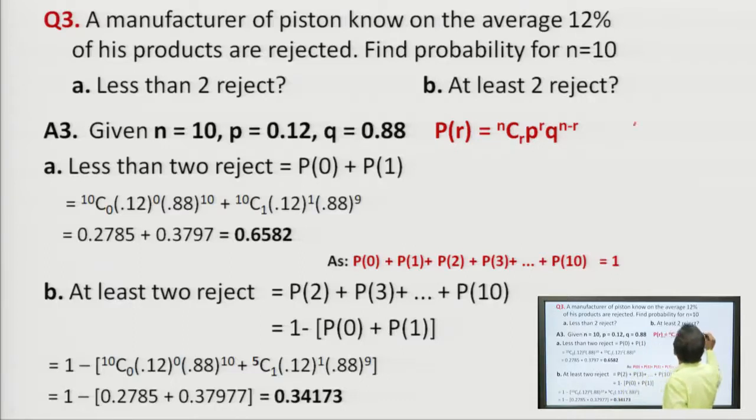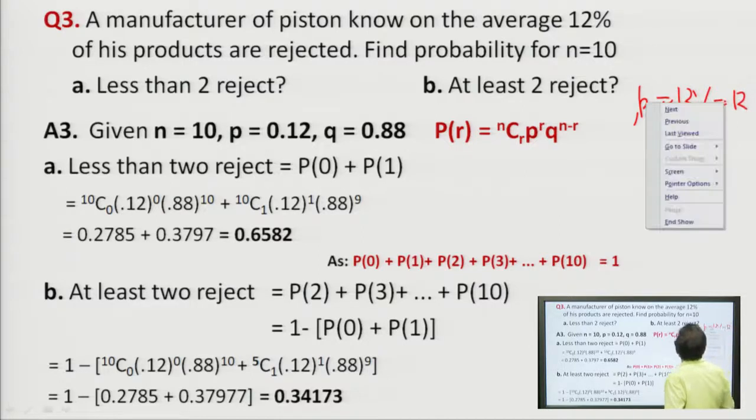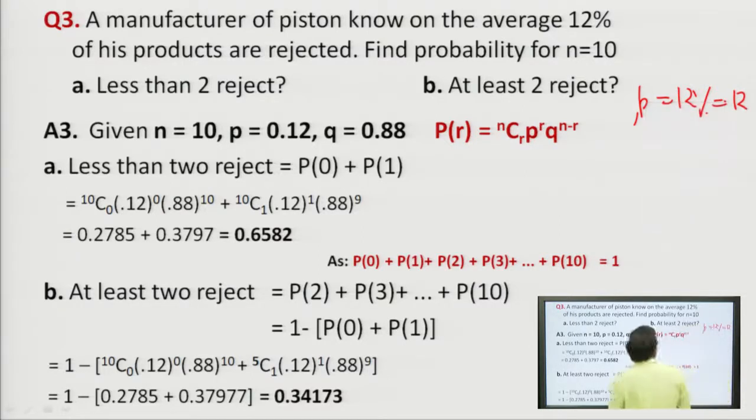So, the probability that his product is rejected is 12%. 12% means 0.12. Now, the chance that his product is not rejected is 0.88. Now, first we obtain the value of P and Q. Now, just take the first case, less than 2 are rejected.